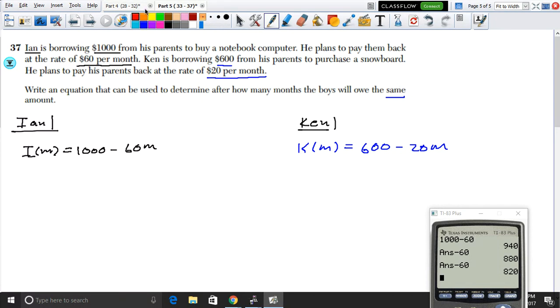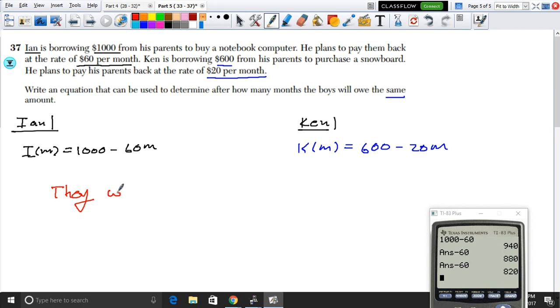All right. So if we want to know when they're going to owe the same amount, we know that this is how much Ian is going to owe, and we know that this is how much Ken is going to owe. So if we want to know when they're going to owe the same amount of money, let's just put those equations equal to each other.